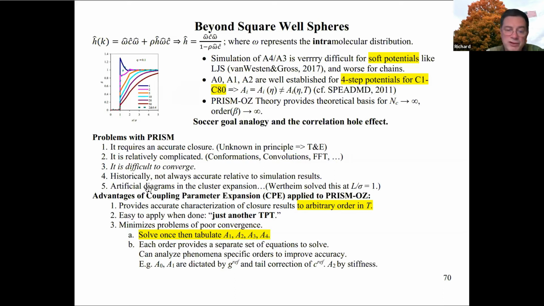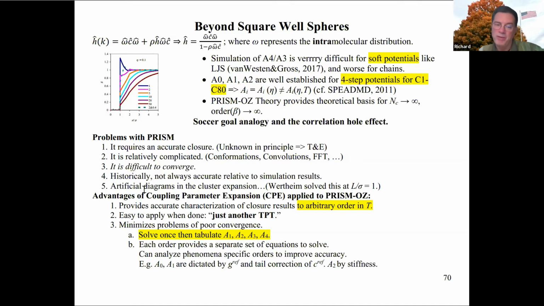There's a problem you can't fix with PRISM, and that is that this simple form that we're talking about here interjects some cluster diagrams in the cluster expansion. They're not actually real, and that's because of the simple form that is here. So it's a kind of trade-off. If you want a really simple definition of your direct correlation function that PRISM uses, then the price you pay is that you interject some cluster diagrams that aren't real.